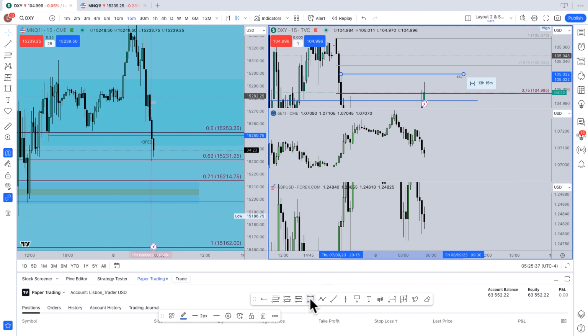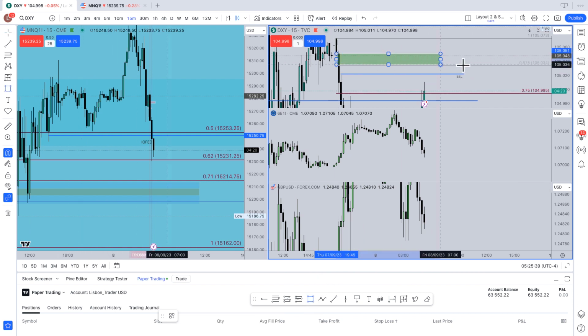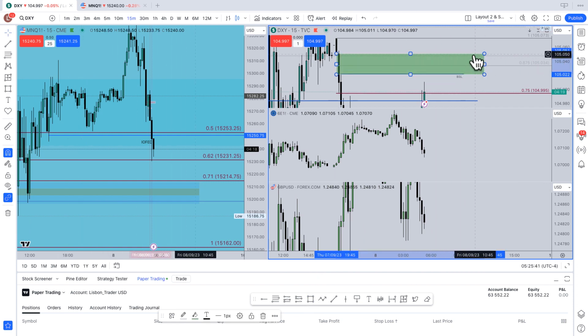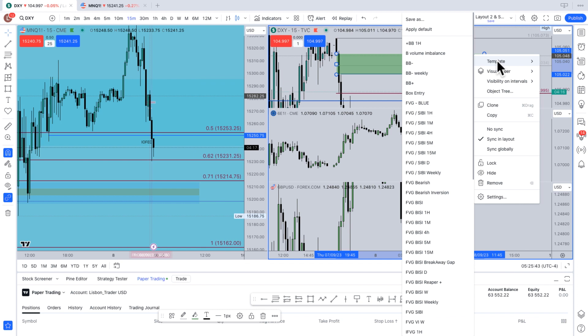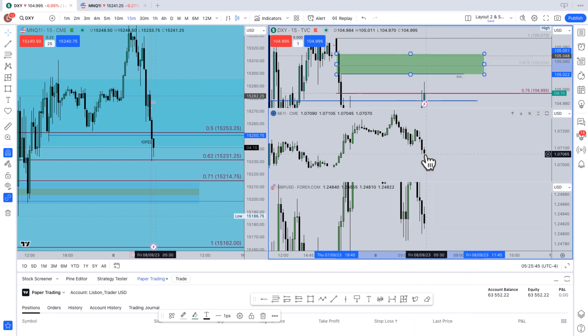There's a fair value gap there, which is on this time frame, a 15 minute CB, sell side imbalance, buy side inefficiency.